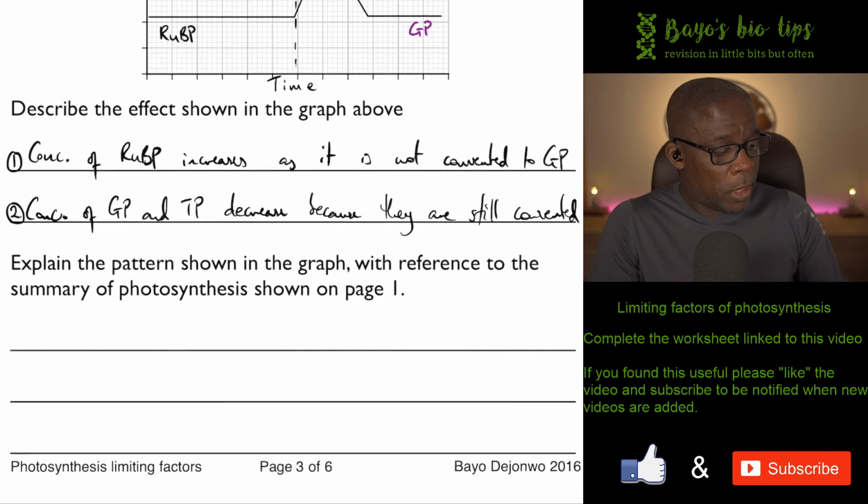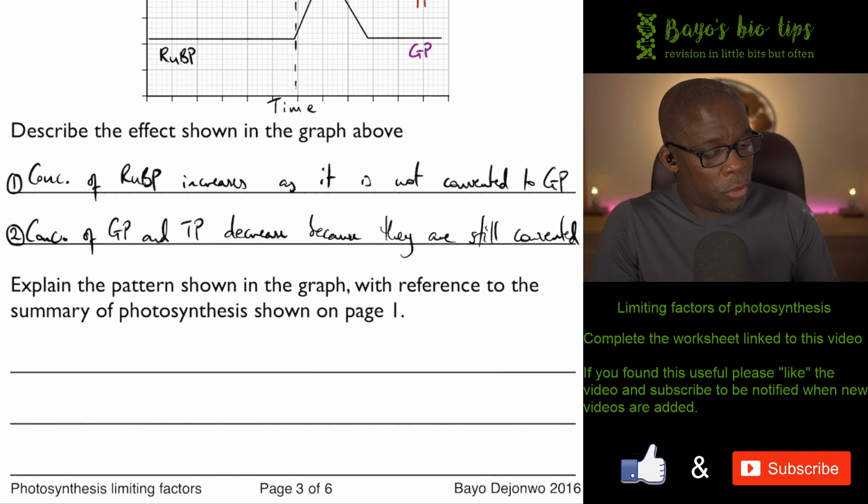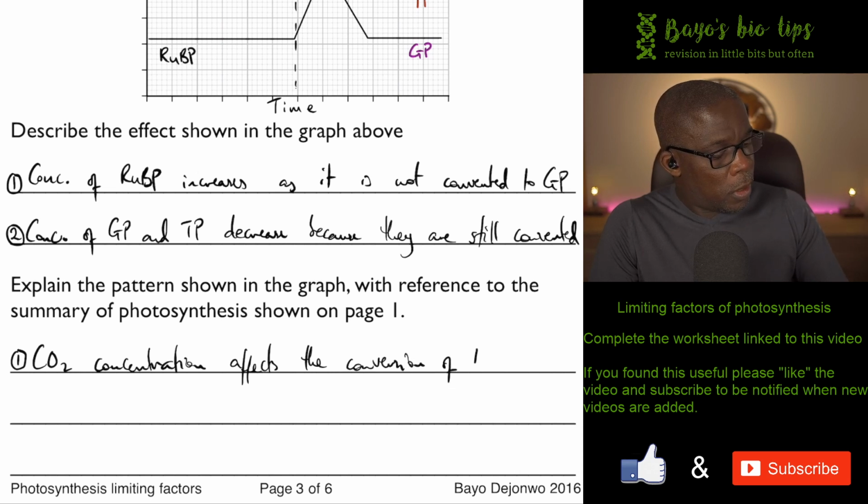So let's put in our more detailed explanations of what's happening. So number one, CO2 concentration affects the conversion of RUBP to GP.